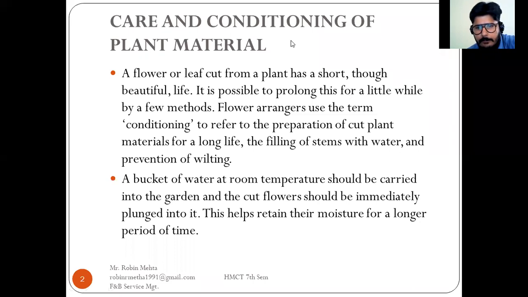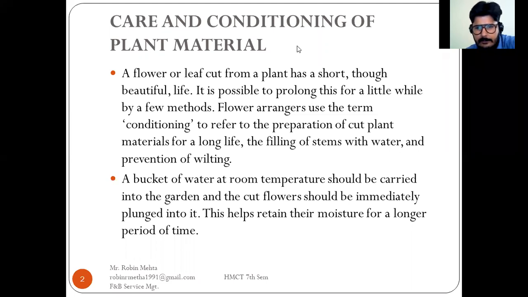It is possible to prolong this for a little while by a few methods. We can give some little things to do, by which that particular plant or flower will survive some more days.